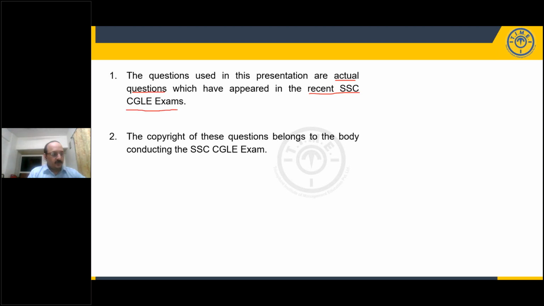And of course, the copyright of these questions therefore belongs to the body that conducts the SSC CGLE exam. All right, so as these are actual questions, solving them will also give you an idea of what kind of questions to expect.